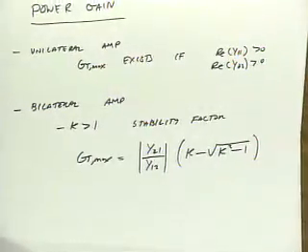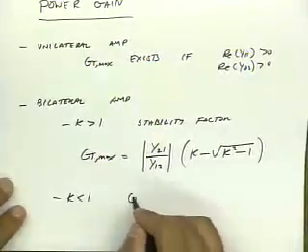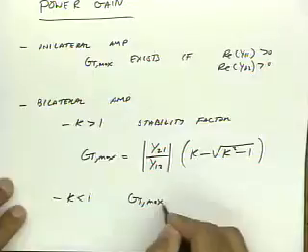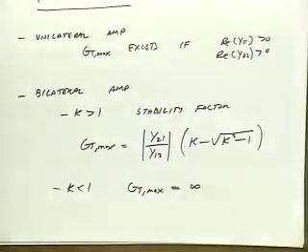And if K is less than 1, GT max is then infinity, right? Because basically I can always build an oscillator. I can always find a source or load termination so that I get oscillations to occur at the output without providing an input, and that's infinite gain.